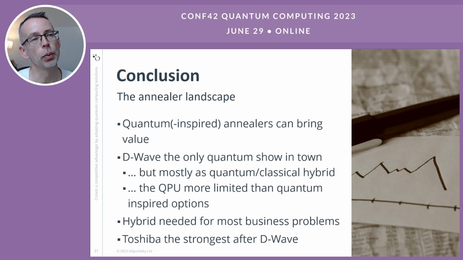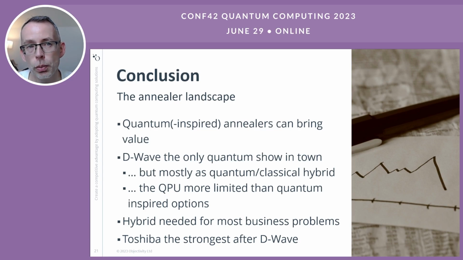So if you have an optimization problem that is complex enough that you cannot simply number crunch your way through it, and you don't have any good algorithmic shortcuts on a classical machine, but your problem is small enough to match the sort of constraints of today's quantum or quantum inspired hardware, you can actually already see real business value in using this technology.